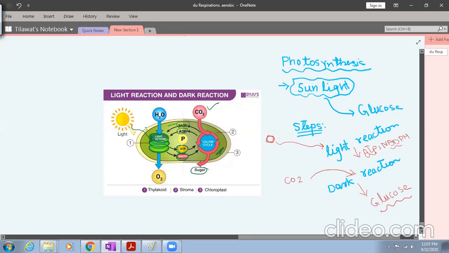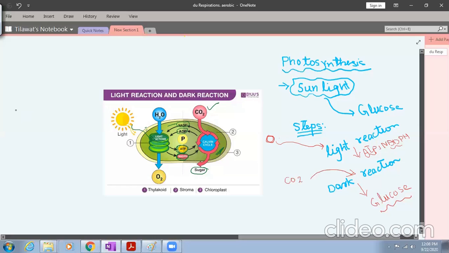So that can go back toward the grana again, for reduction of NADP while phosphorylation for ATP. Is it clear? So remember, the breakdown of water, that is called photolysis, will also happen, and when this reaction completes, it will give you oxygen also.